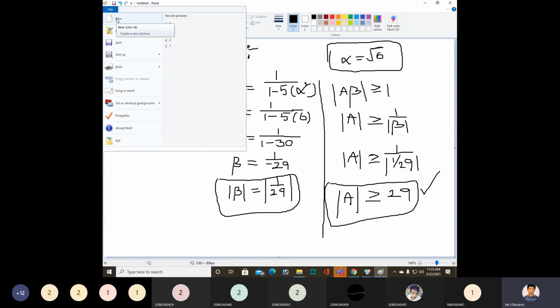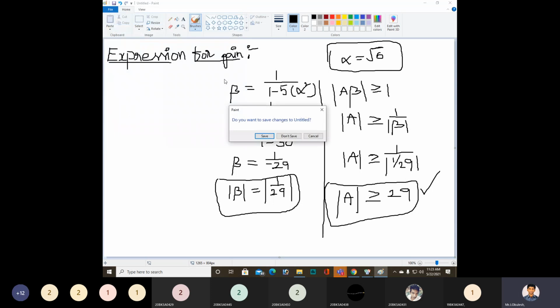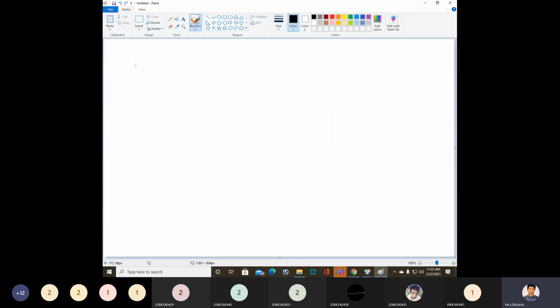The next topic: advantages and disadvantages of RC phase shift oscillator. Put a heading: advantages.